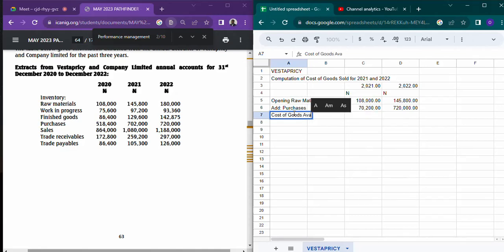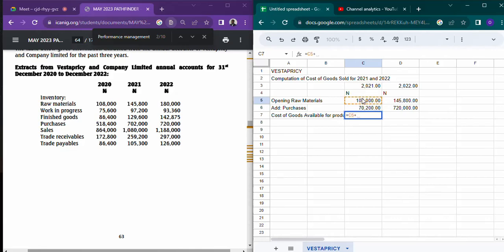we now have the cost of goods available for production. So you add the opening inventory. Remember the formula we talked about, right?